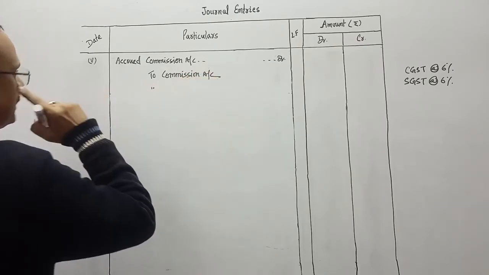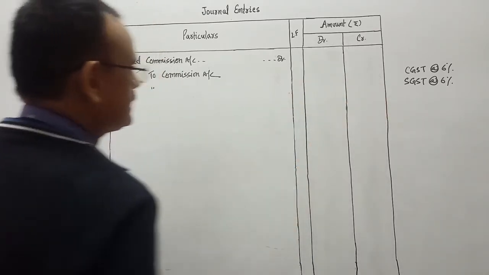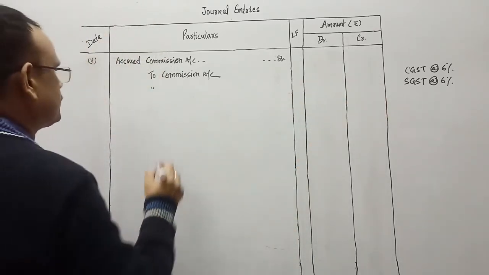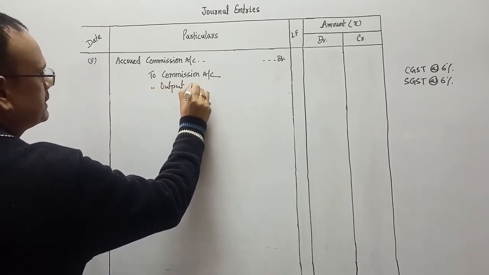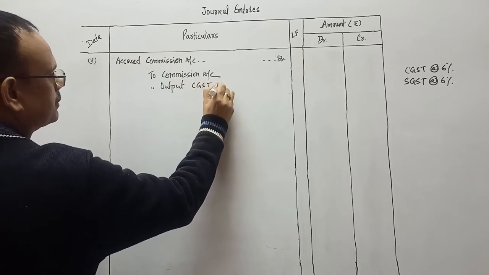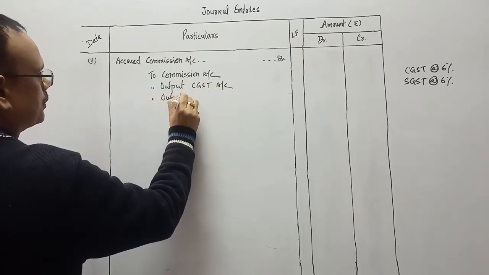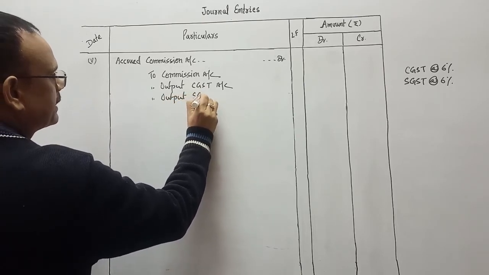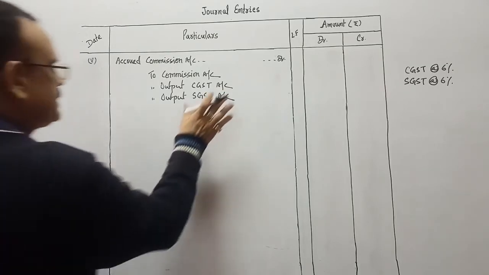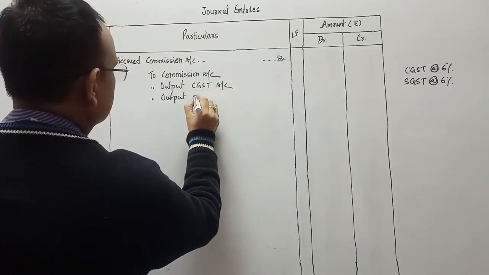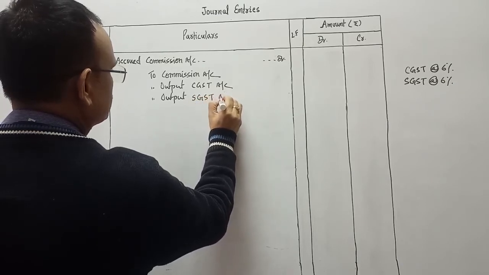and here we have to do the entry for CGST and SGST: output CGST account, output SGST account.